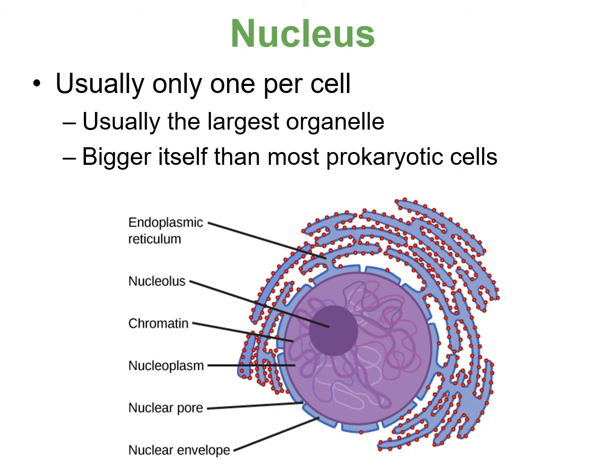And we call the nucleus's boundary the nuclear envelope. It consists of two phospholipid bilayers, an outer and an inner membrane. The nuclear membrane is continuous with the endoplasmic reticulum, and there are nuclear pores that allow substances to enter and exit the nucleus.